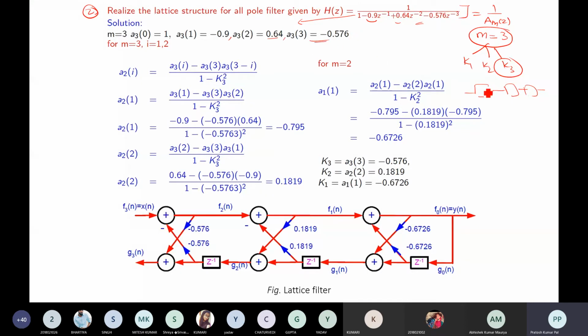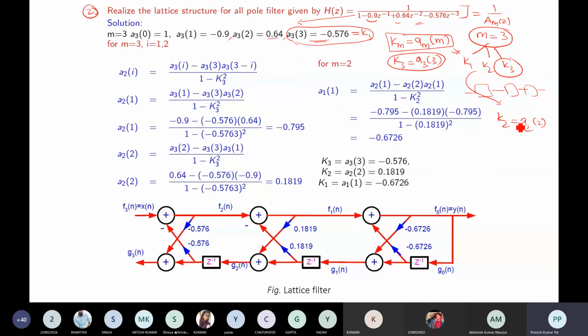We already know the km value is given by am of m. This is the formula. So k3 will be given by a3 of 3. That means a3 of 3 is known, so k3 is known. Now we need to find out k2. This k2 value will be equal to a2 of 2 by this formula.